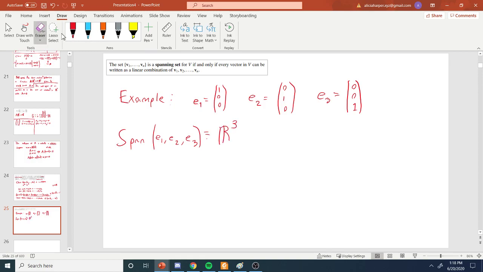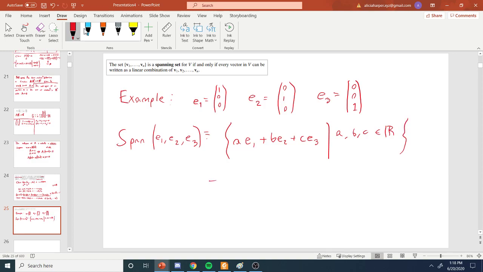So here's how I'll show that. First off, note that this is precisely the set of linear combinations a E1 plus b E2 plus c E3, where a, b, and c are real numbers. And this is the same thing as the set of vectors (a, b, c), where a, b, and c are real numbers.